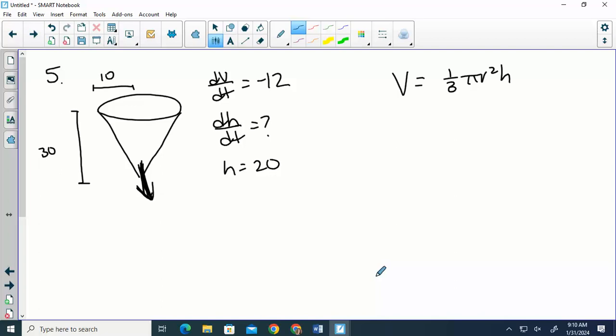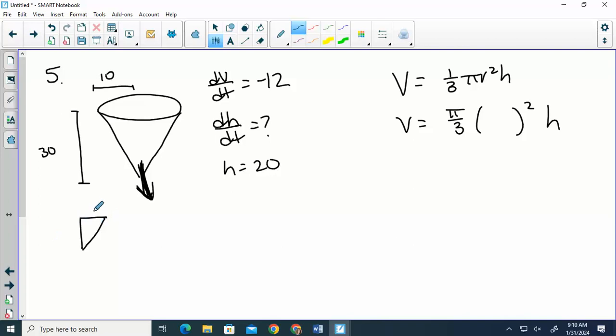So before I do this derivative, I need to figure out, is there something else I could use in place of that radius? So how do we do that? We think of similar triangles.